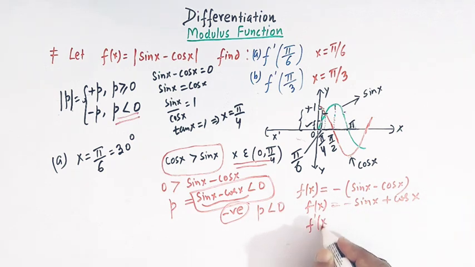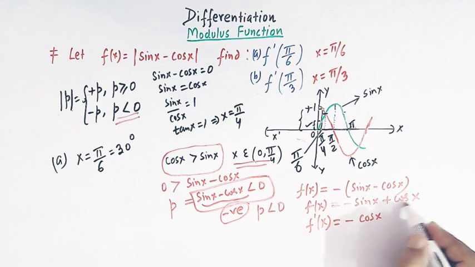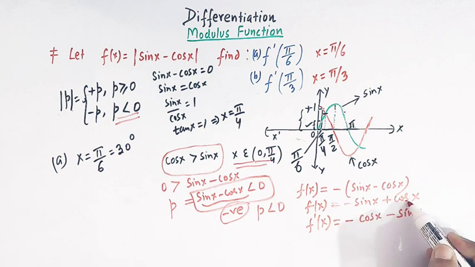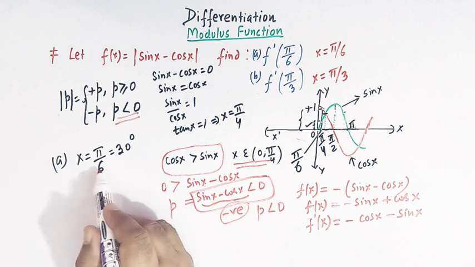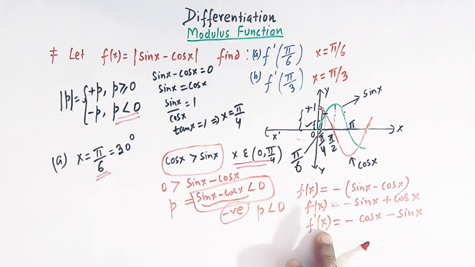So we have f prime of x, that is equal to negative of cos x, and here the derivative of cos x is minus sine x. So differentiating f of x with respect to x, derivative of sine x is cos x, the derivative of cosine x is minus sine x, and we want to have the derivative at this point. So we can substitute x is equal to pi by 6 in this expression.